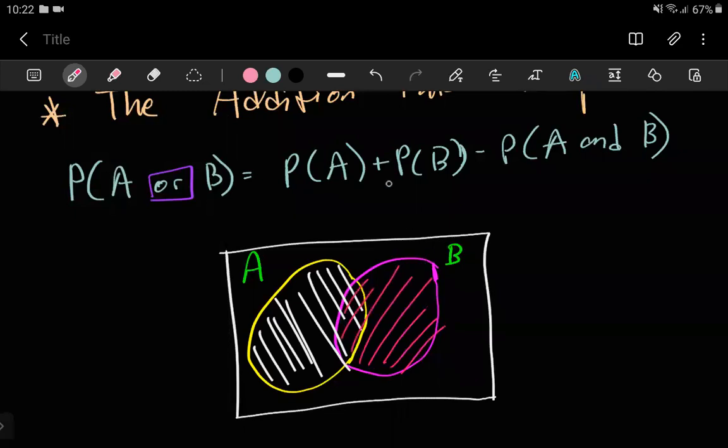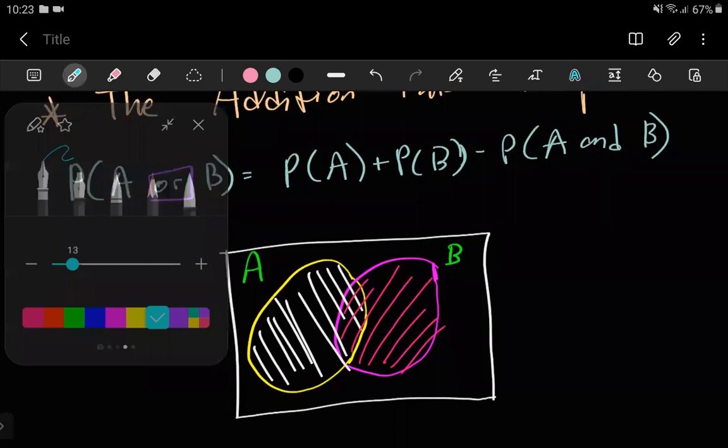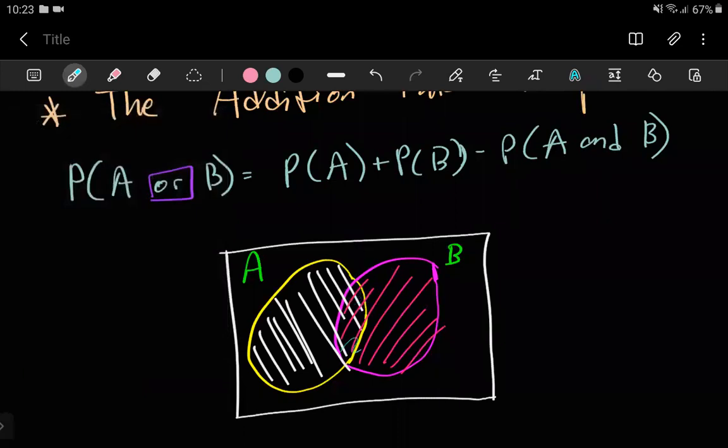Once you've done that, you see it says add the probability of A plus the probability of B, and then subtract the probability of A and B. The probability of A and B is you subtracting the middle, because you counted the middle twice. You say the probability of A, which is the whole thing, the probability of B, which is the whole thing, and then you have to subtract the middle once because you counted the middle twice.